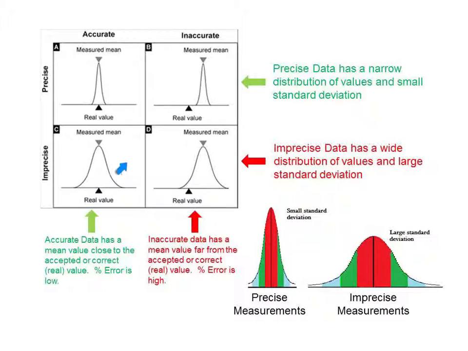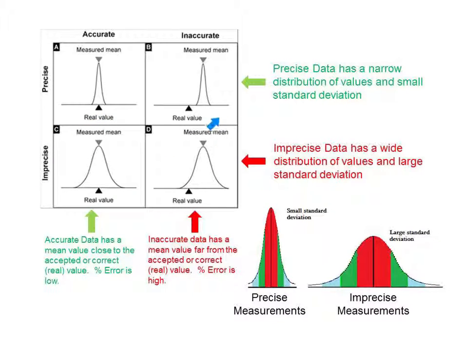Now in this case here, we have a more spread distribution of our data, but when we take the mean of the data, we get a number that's exactly or very close to the real value. So our error is very low, but our spread is very high. Therefore, we have accurate data, but it's very imprecise.